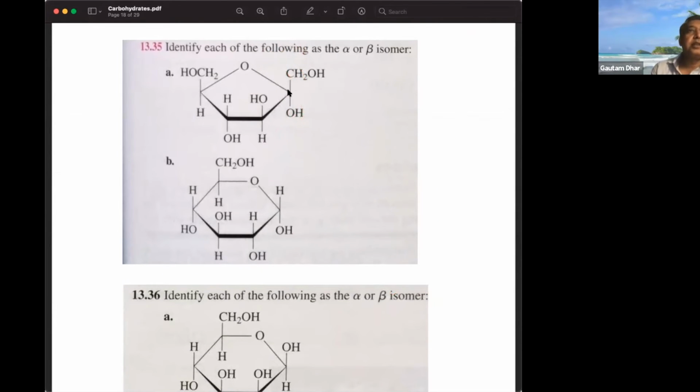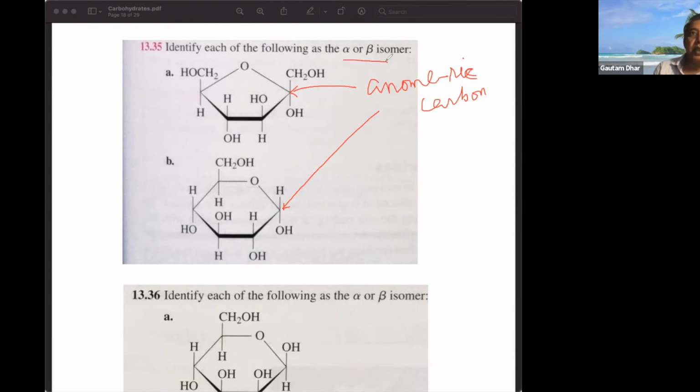This new carbon atom that is formed is called the anomeric carbon, the new chiral carbon formed upon cyclization. So we are referring to the anomeric carbon for the alpha and beta isomer.